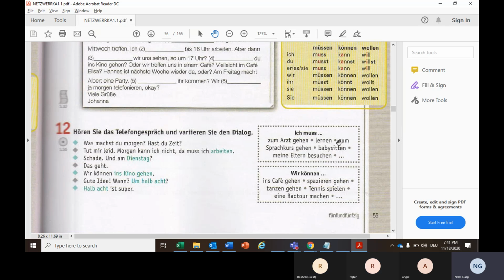Und am Montag? Das geht. Wir können ins Café gehen. Gute Idee. Wann? 17 Uhr.